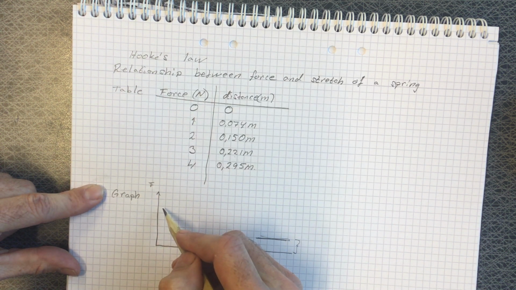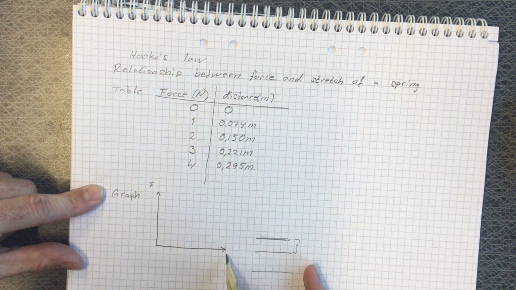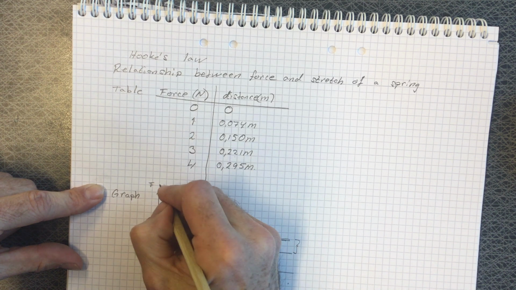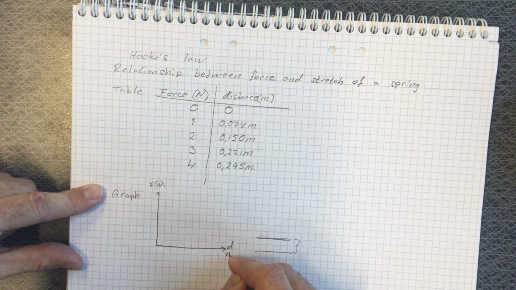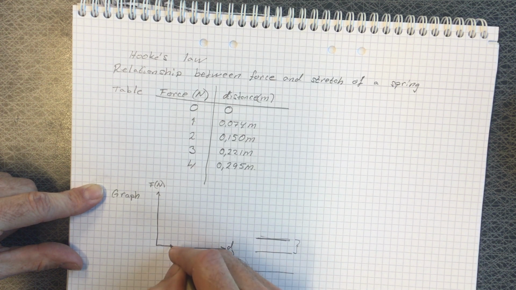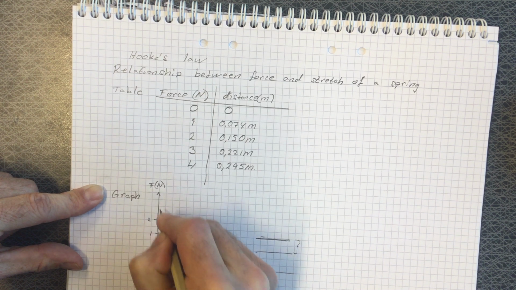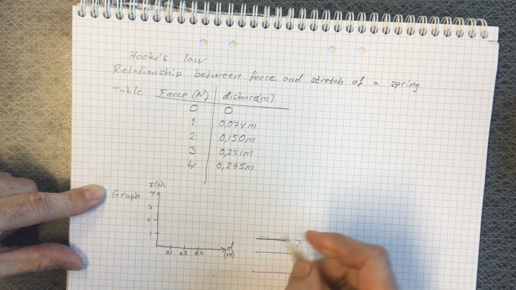Normally this is the dependent variable, and this is the independent variable. Now I change it, but it doesn't matter. Newtons and distance in meters. I have 0.1 meters here, so this is 0.2 and this is 0.3. 1 Newton, 2 Newtons, 3 Newtons, and 4 Newtons here.